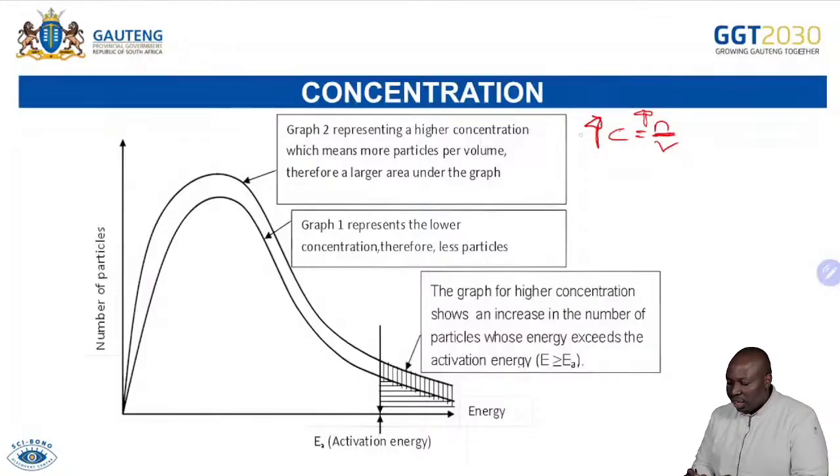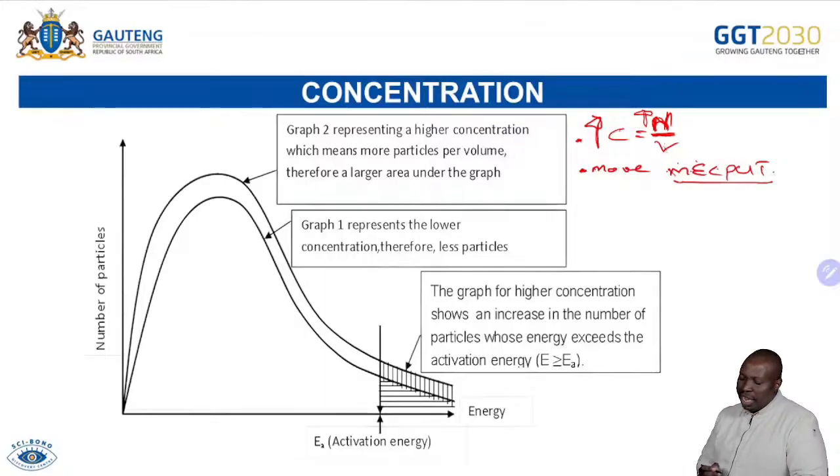You will say an increase in concentration increases the number of particles per unit volume. It increases the number of particles, which is that N. Don't forget. And then what is bullet number 2? More effective collision per unit time, which I said MECPUT for you to remember, but it's just an acronym. You must write it in full: more effective collision per unit time.